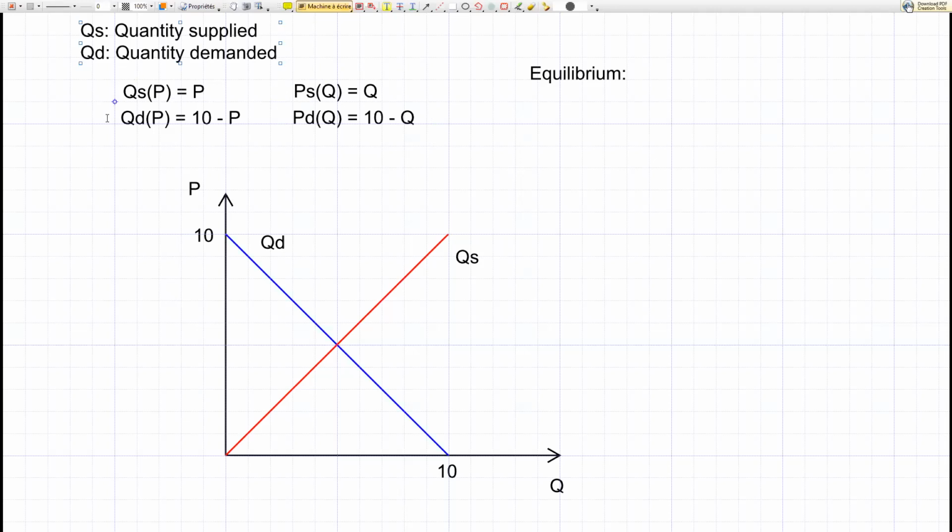So this is supply and demand, and this would be inverse demand, inverse supply.